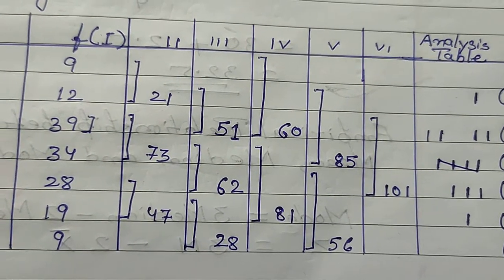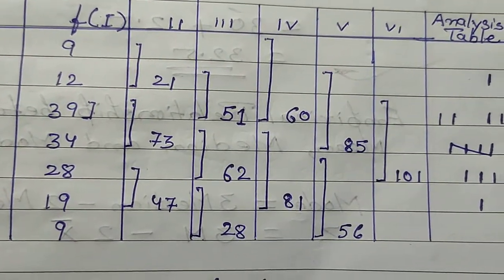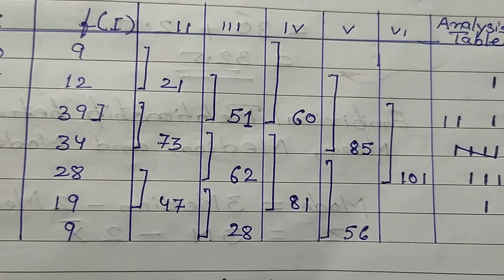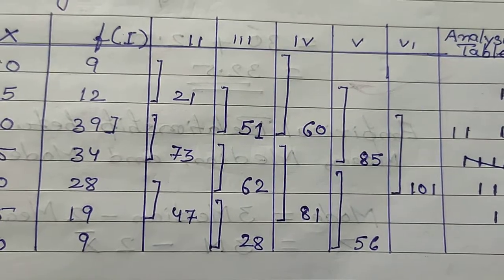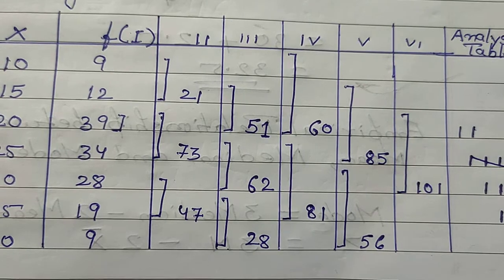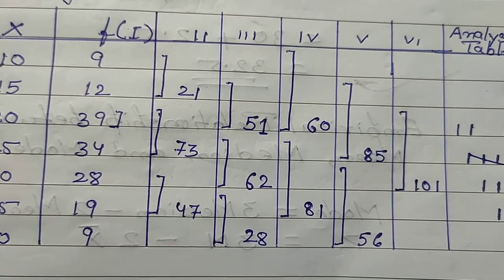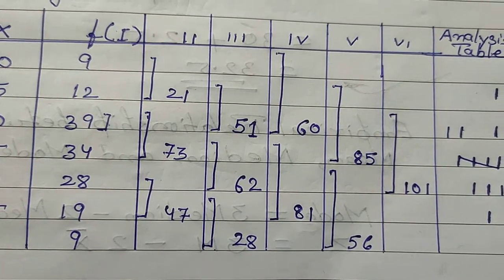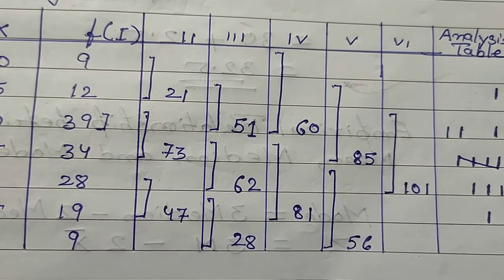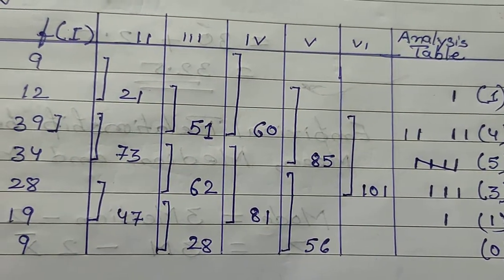Now in the fifth column, leaving the first frequency, we add in threes: 9 we leave, and add 12, 39 and 34, that will be 85, and then 28, 19 and 9, that is 56. Here the highest value is 85, the sum of 12, 39 and 34. So in these rows we again put one tally mark in the analysis table.